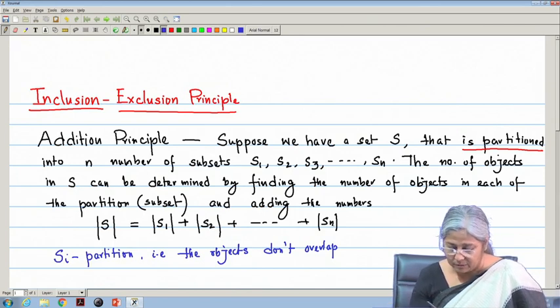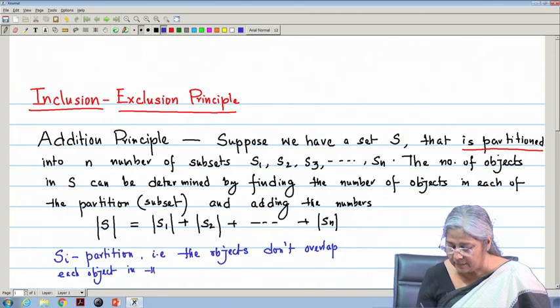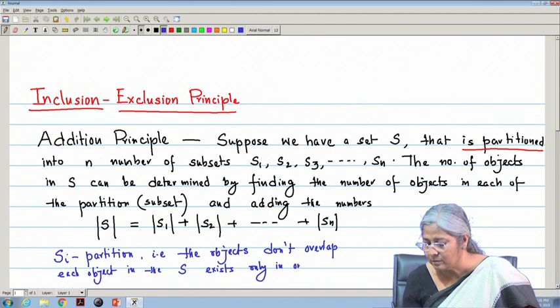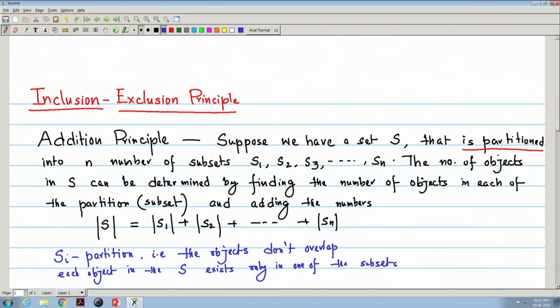This principle works because each object in the set S exists in only one of the subsets, say Si. So, the main point is that here the objects do not overlap and simply the addition principle will work.